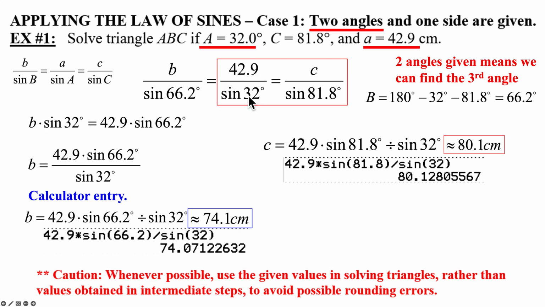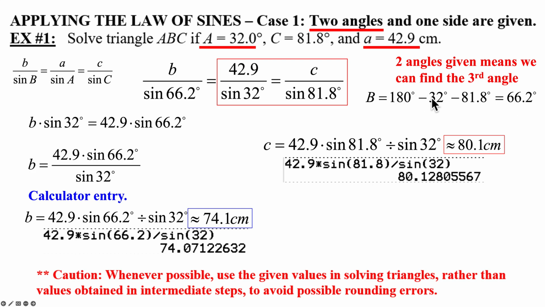So I would not want to set this up as A over sine of A, B over sine of B, C over sine of C in alphabetical order, because once you solve for B, that's a rounded value, and I don't want to put it back into my proportion to solve for C, because then that's going to affect my rounding error. All right, always use information that's given. So this angle is 66.2. I'm going to call that given information.